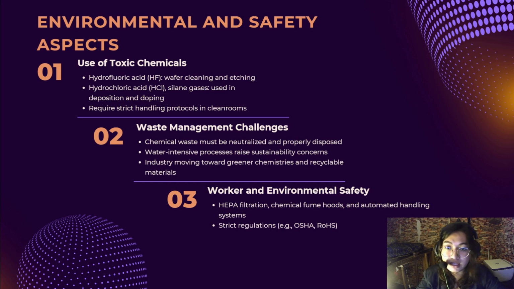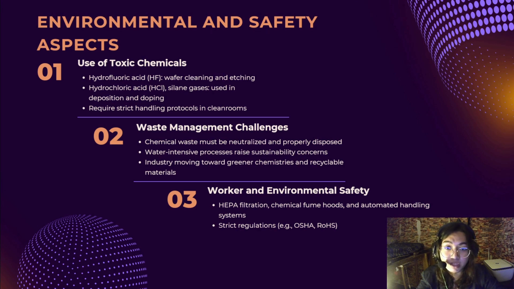For instance, hydrofluoric acid is used to clean silicon wafers and etch patterns, and it's extremely corrosive and dangerous, requiring special safety protocols. Hydrochloric acid and gases like silane and phosphine are also commonly used, which are flammable or toxic under certain conditions. The waste management from semiconductor fabrication is another major issue.